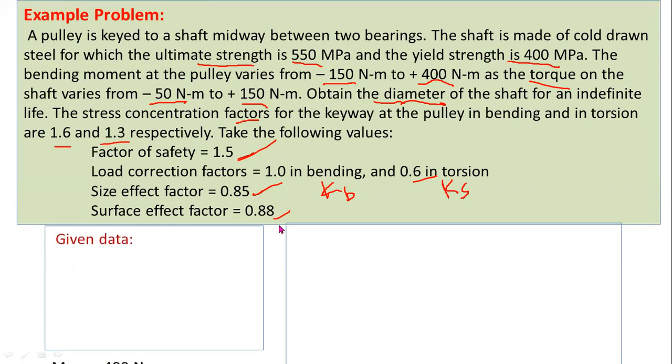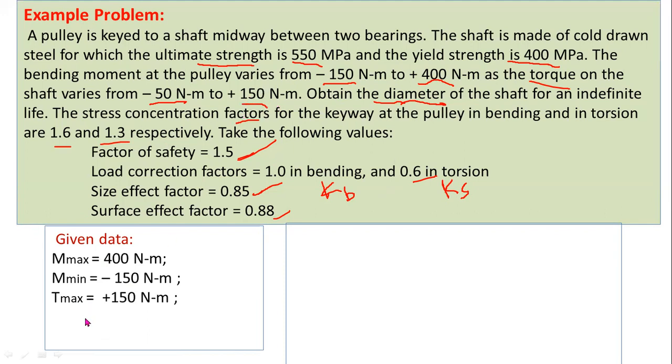Now the given values are maximum bending moment equal to plus 400 Newton meter, and minimum bending moment equal minus 150 Newton meter. Maximum torque equal to plus 150 Newton meter, and minimum torque equal to minus 50 Newton meter.